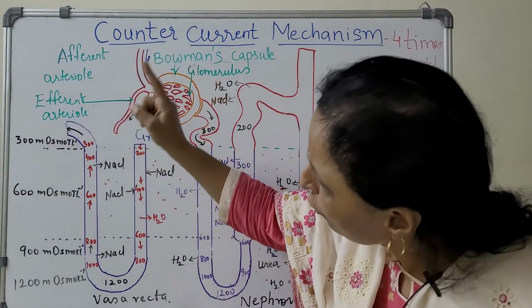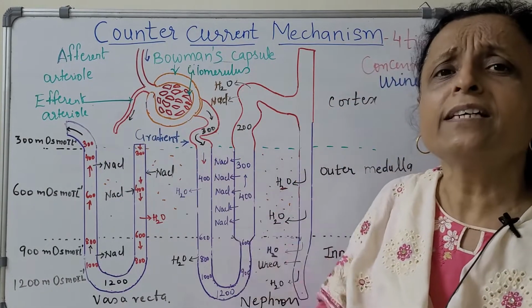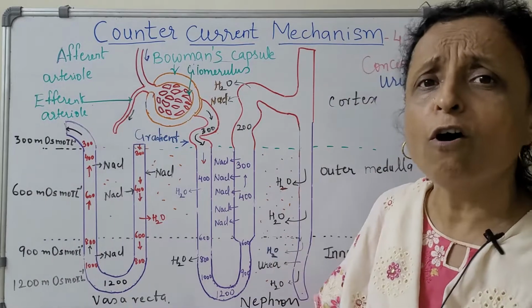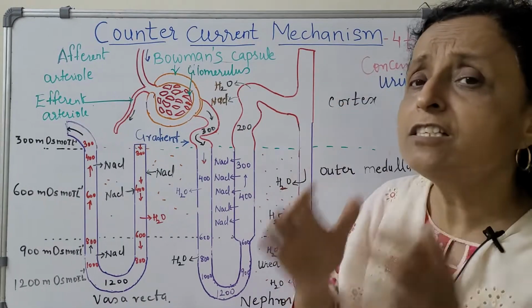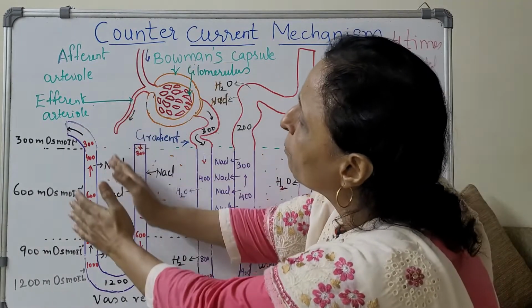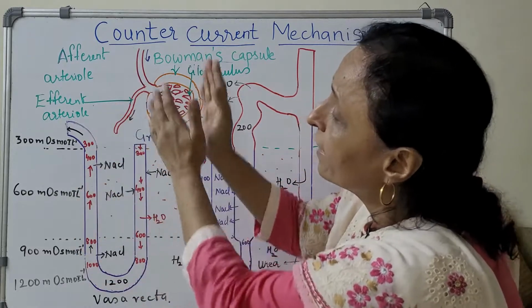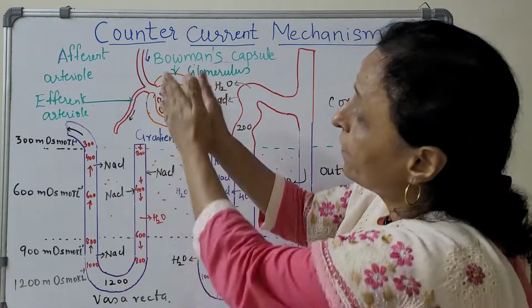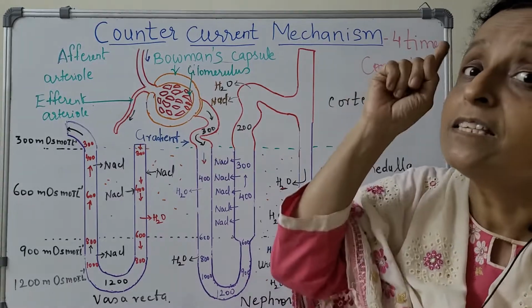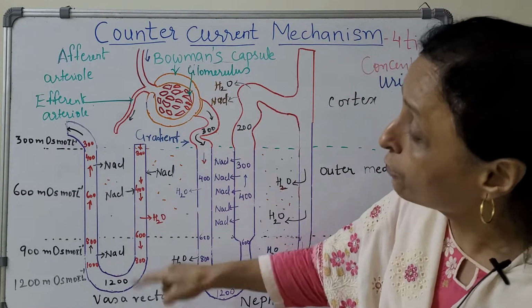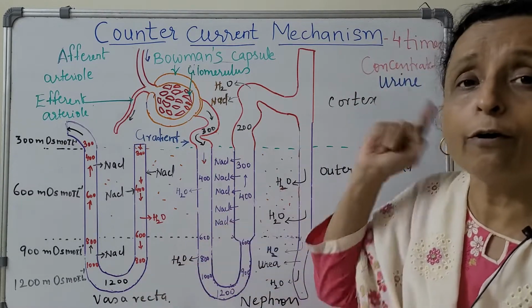So here also exactly opposite gradients have been formed. The concentration is exactly opposite in the ascending and the descending. So there is a counter current formed in the vasa recta also.